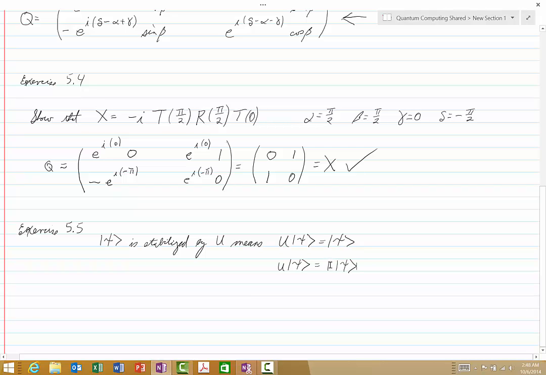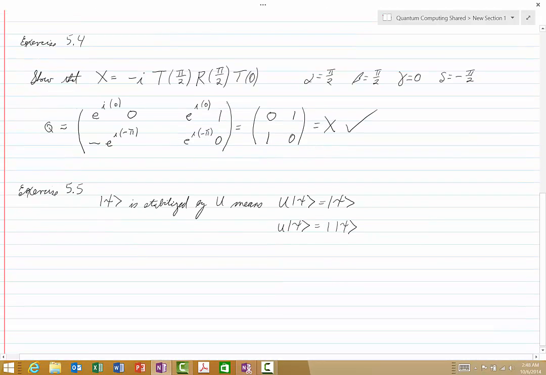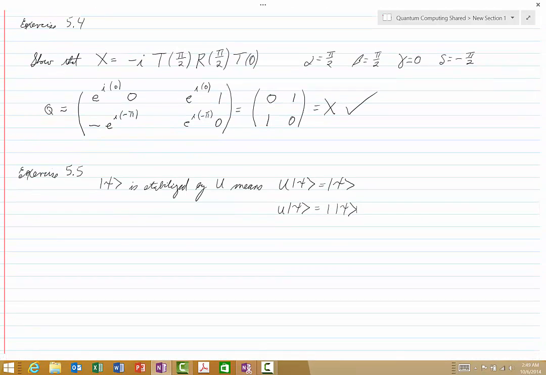So when we're given an operator and we want to know the states that are stabilized by that operator, that's the same question as what are the eigenvectors of this operator that are associated with eigenvalue 1. So let's look at an example.